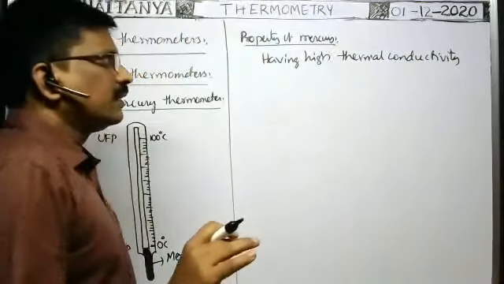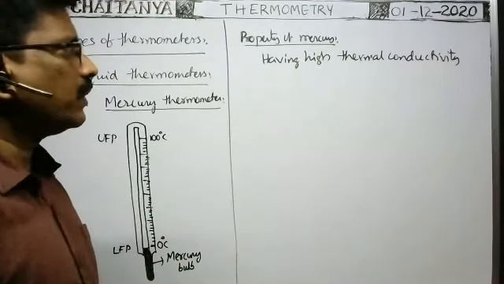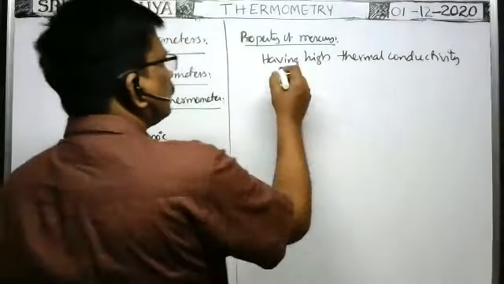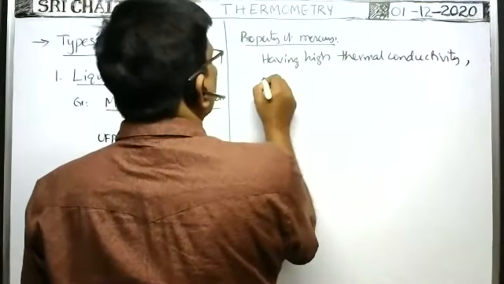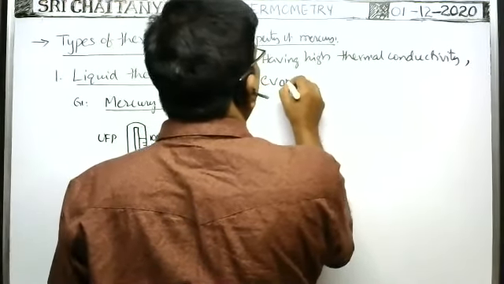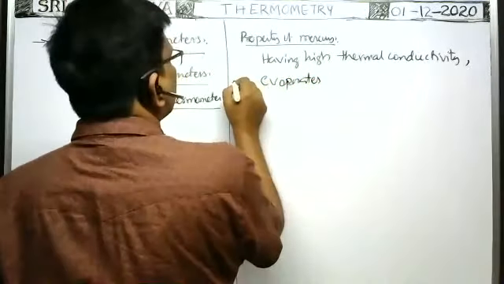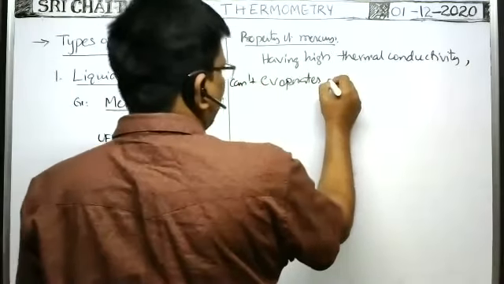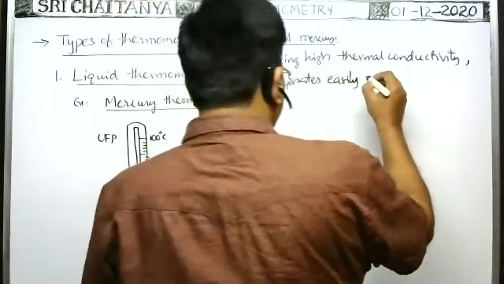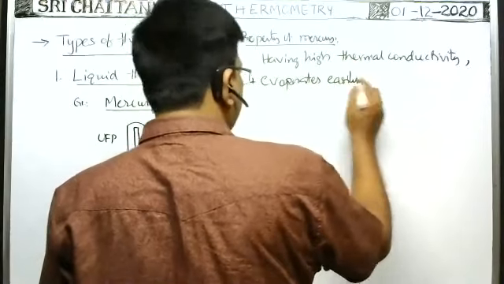Thermal conductivity means the ability of any substance to transmit heat energy through it. So mercury has high thermal conductivity, evaporates less, and cannot evaporate easily.